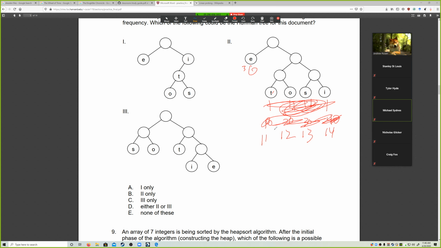That will basically make it go that way. Because T and O will get added together. The combined weight is going to be 23, which is greater than those two. 13 plus 14 are going to get added together. The combined weight is greater than 11 plus 12, so they're going to go after in the queue. Does that make sense to everybody? And then finally, this tree's combined weight is greater than 40.